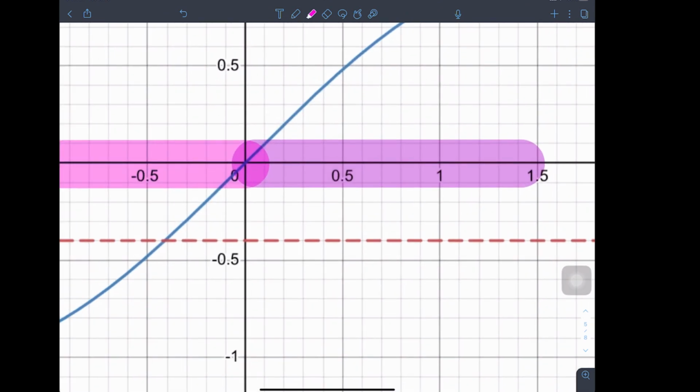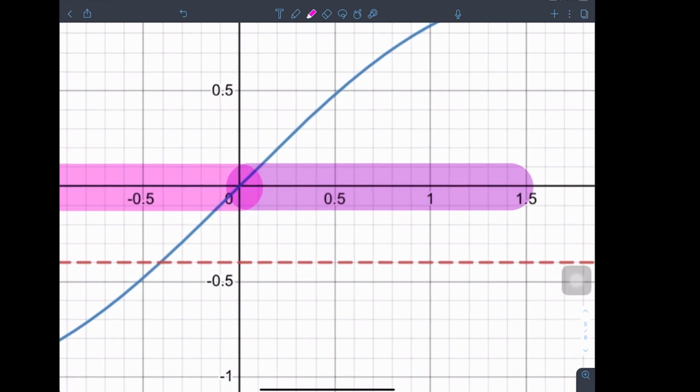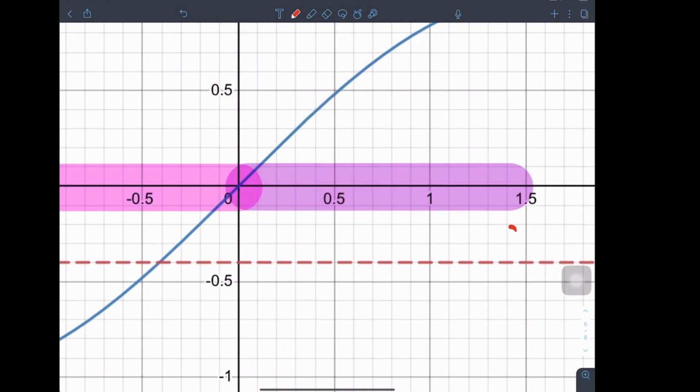This is like from 0 to what? Pi over 2. Isn't pi over 2 90 degrees? That's what I'm saying. 0 to 90 degrees. What quadrant is this? This is quadrant 1. You say, I know.